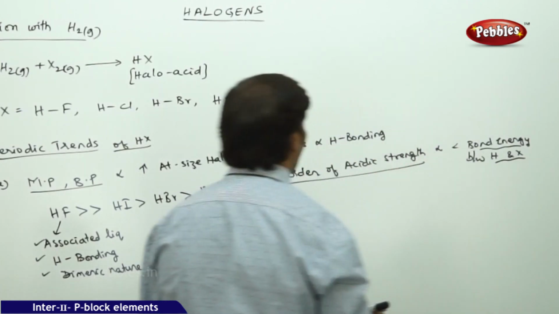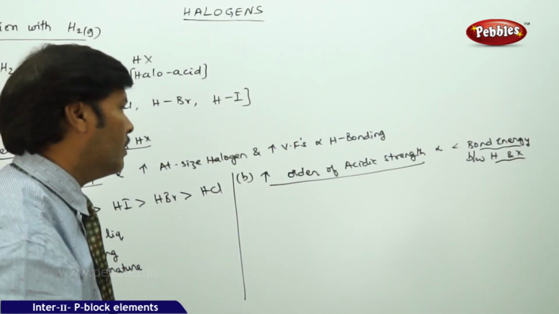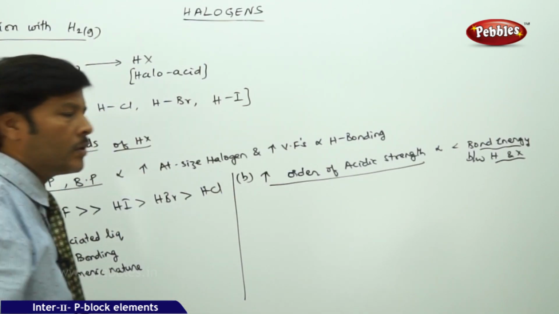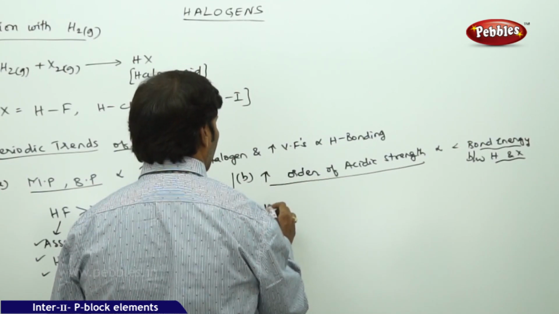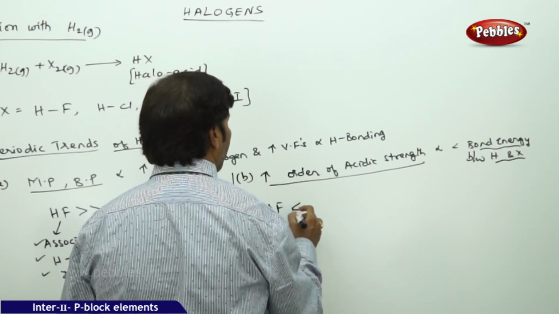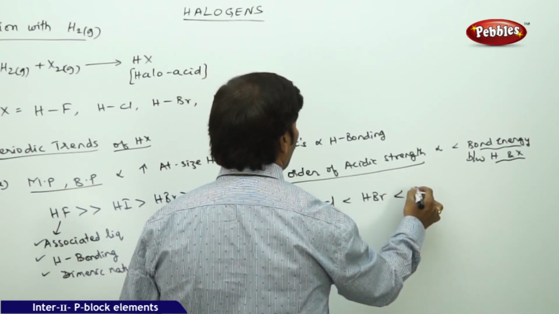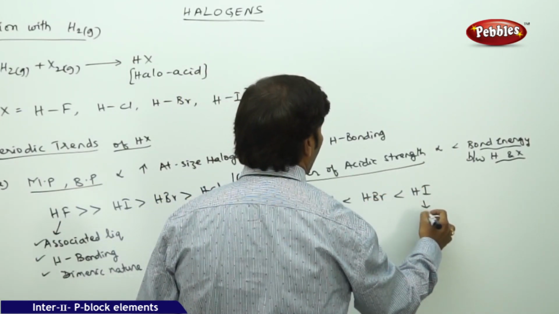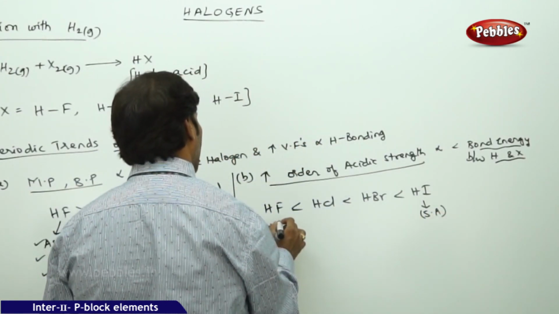And the ability for the given halo acid to release the proton is also one important point which you have to keep in mind. So the increasing order of acidic strength means HF is less acidic than HCl, is less acidic than HBr, is less acidic than HI. So I can say that HI is a strong acid, and HF is a weak acid.